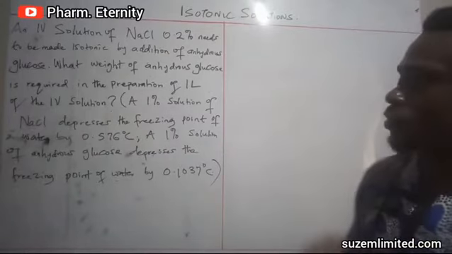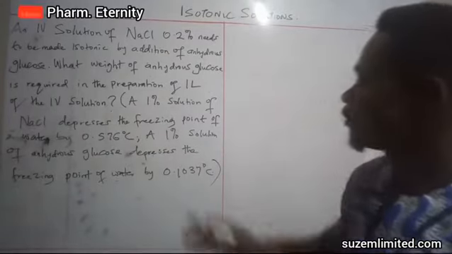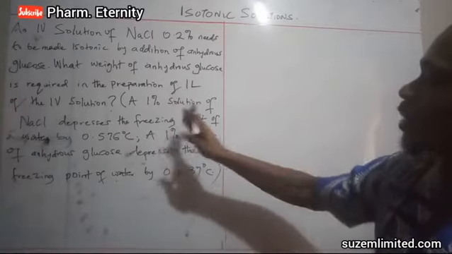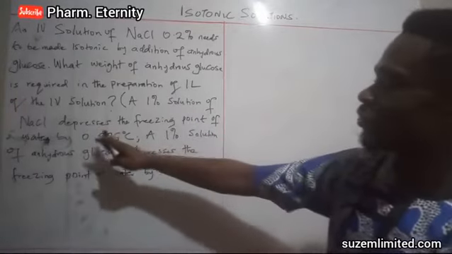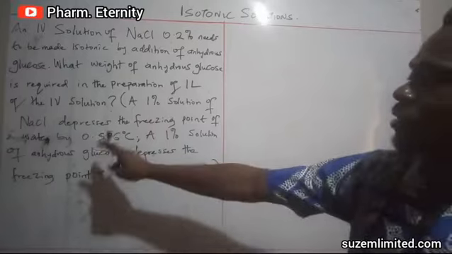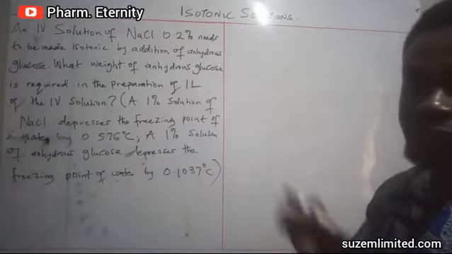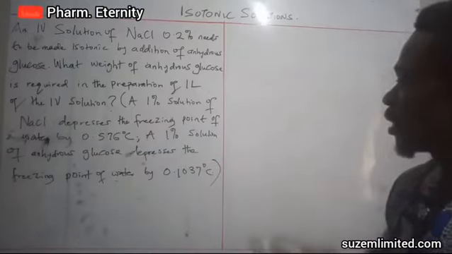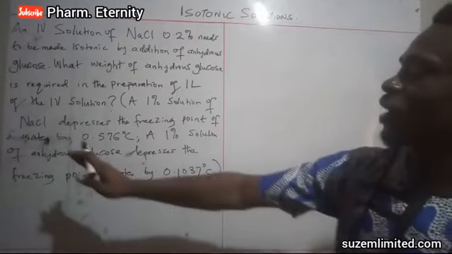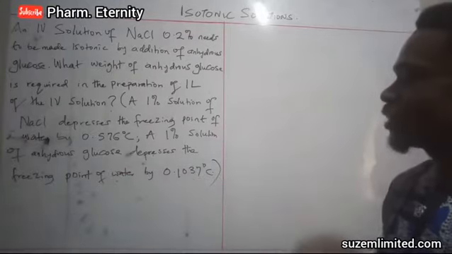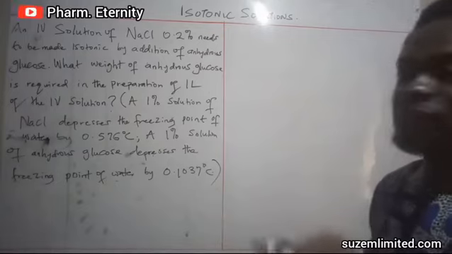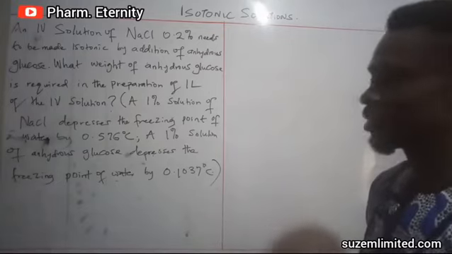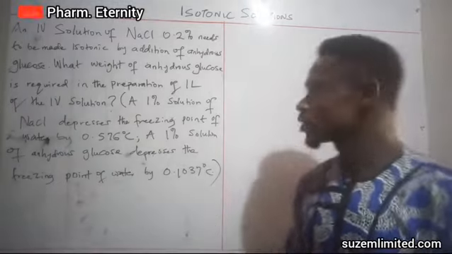It is another way of asking what weight of this anhydrous glucose is required to make 1 liter of this IV solution isotonic. We are given the following. A 1% solution of sodium chloride depresses the freezing point of water by 0.576 degrees Celsius. A 1% solution of anhydrous glucose depresses the freezing point of water by 0.1037 degrees Celsius.